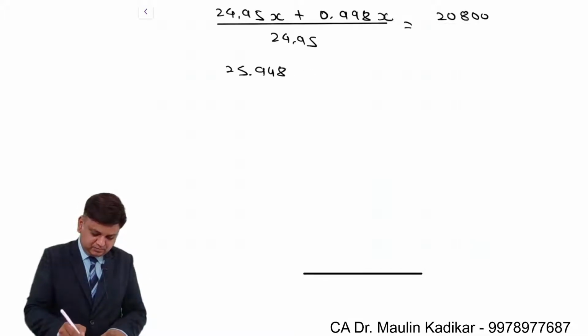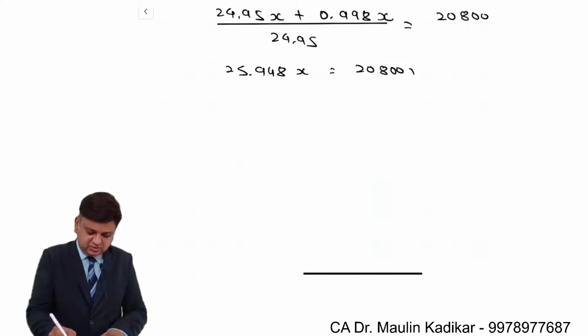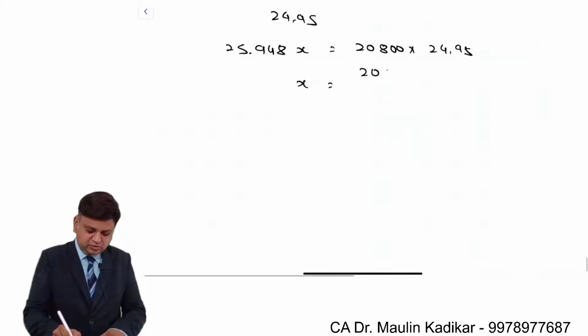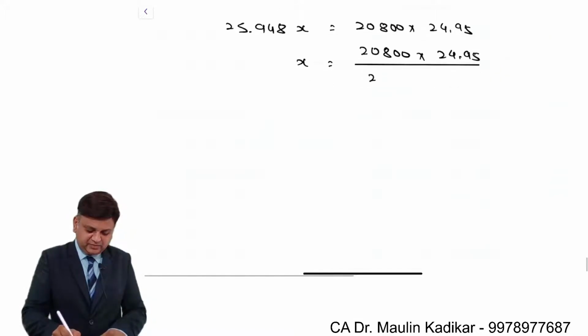X is equal to 20800 into 24.95 divided by 25.948.